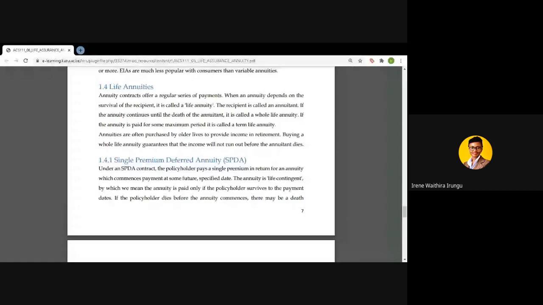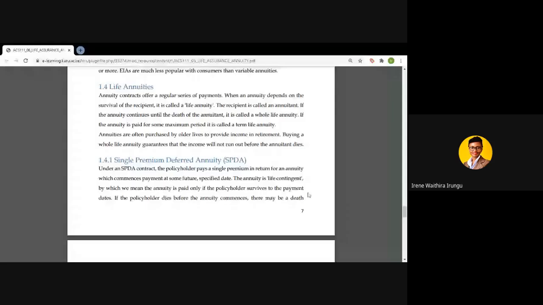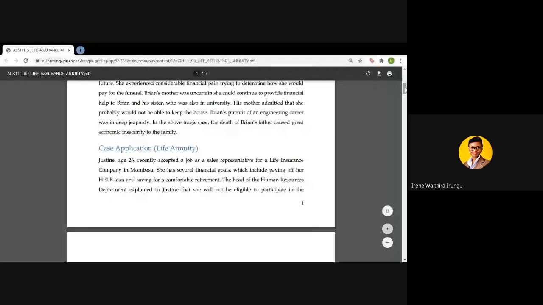If it's a whole life annuity, then this annuitant will continue to receive this regular series of payments throughout their life until the annuitant dies. So we are saying that annuities are often purchased by older lives to provide for themselves retirement income. If I take you back to our case application, we had the second case application, which was on the annuity, where Justin was looking to invest in the M-Pension individual retirement account.